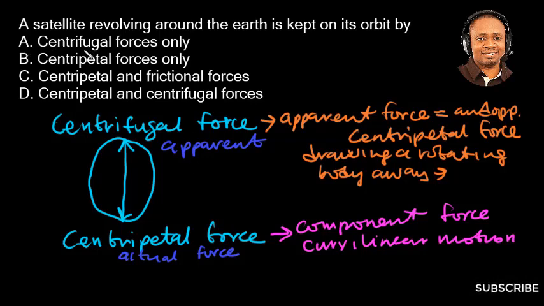Option A says centrifugal forces only, not correct. Option B, centripetal forces only, not correct. Option C, centripetal and frictional forces, not correct. Option D, centripetal and centrifugal forces. Yes, this is correct. So answer option D is the right answer.